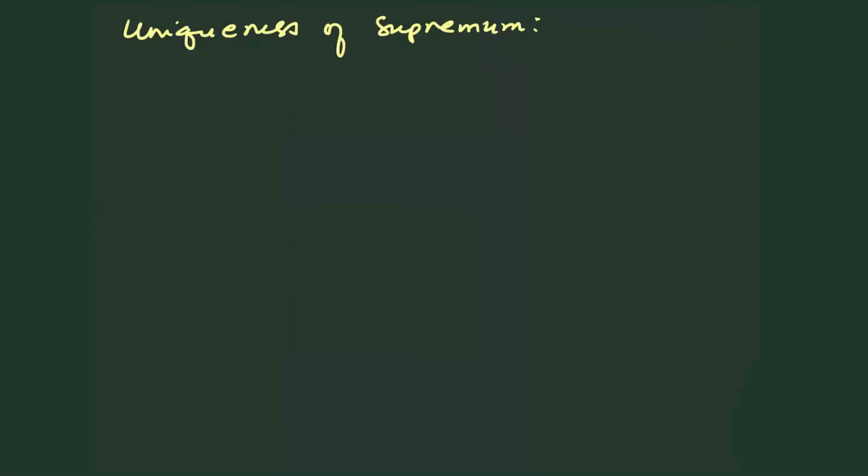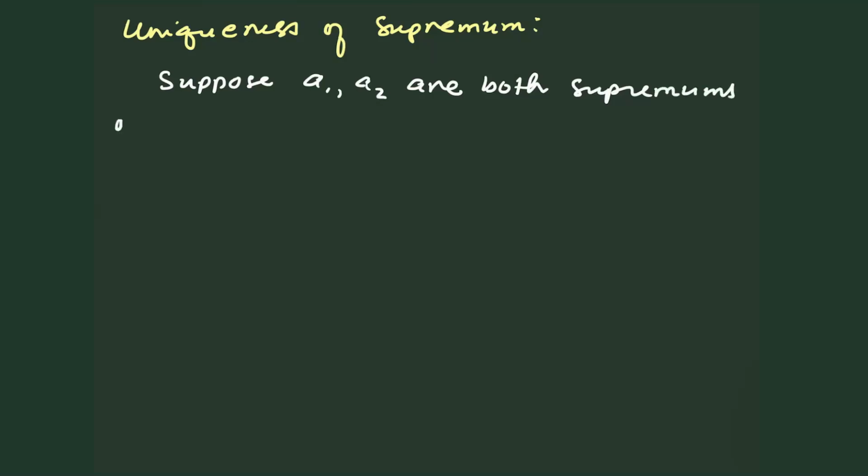So how do we prove uniqueness? Suppose A1 and A2 are both supremums of your set B. In the end, we want to show that A1 is equal to A2. How will we show that A1 is the same as A2?